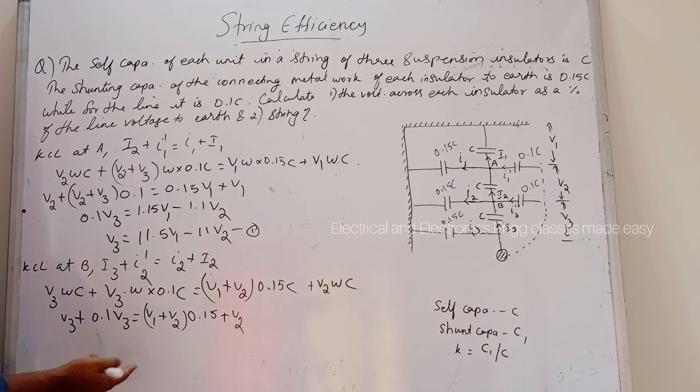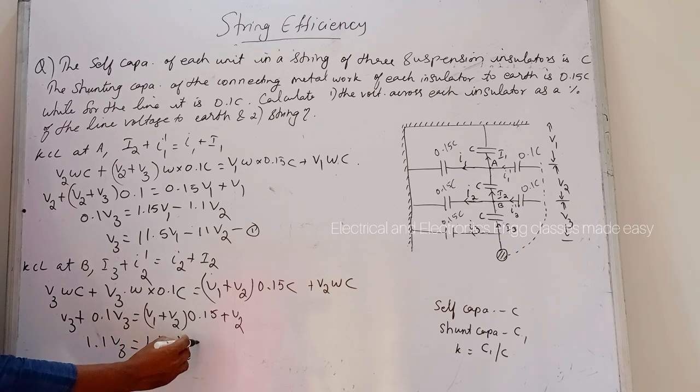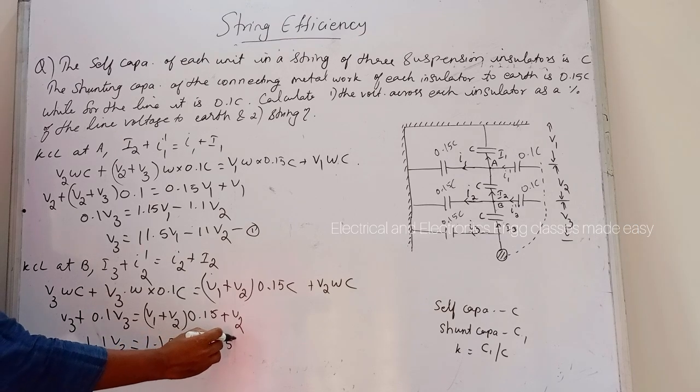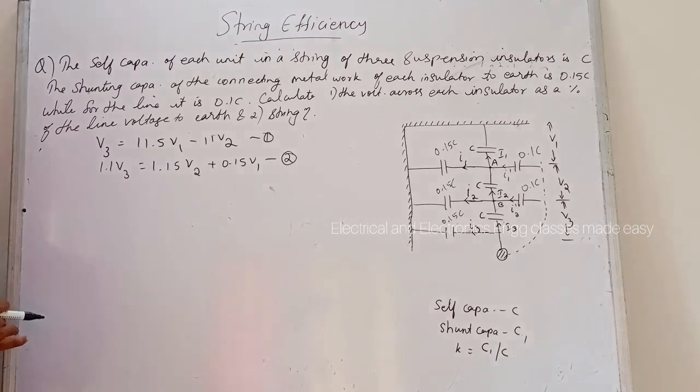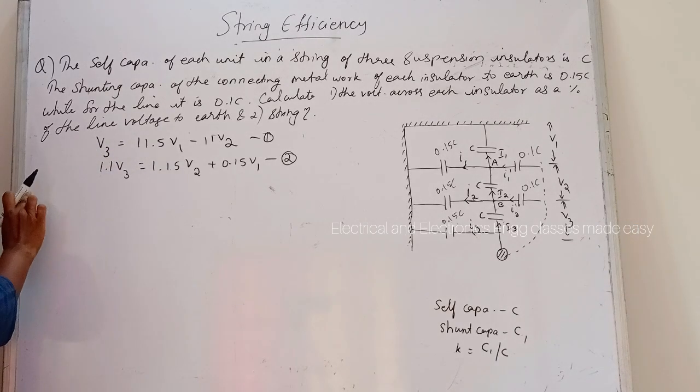So 1.15 V2. So after rearranging, we will get here 1.1 V3 equal to 1.15 V2 plus 0.15 V1. So this is equation 2. So these are the two equations.